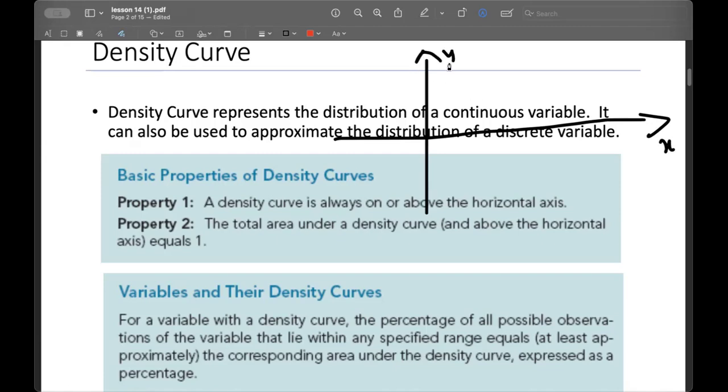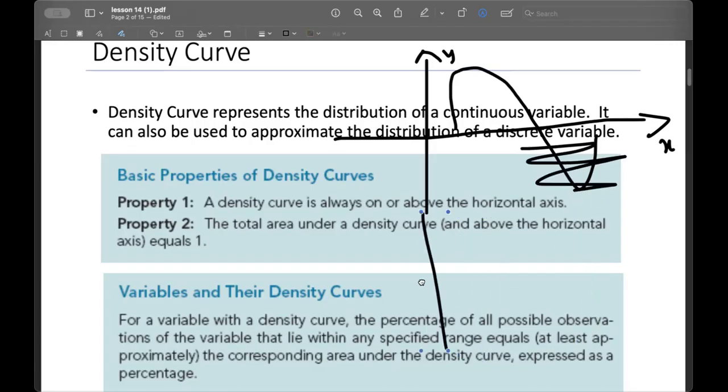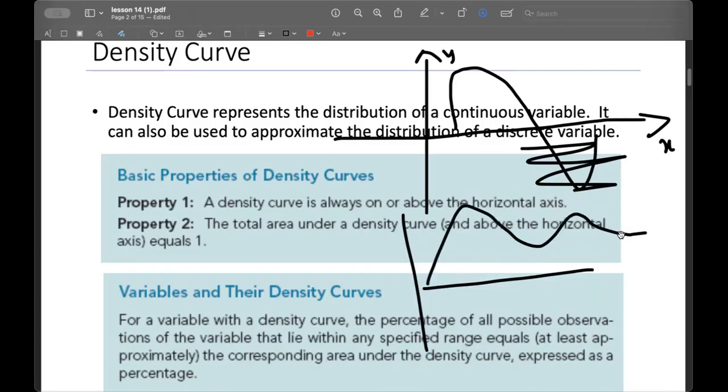We can't have the curve like this. It can only be a positive one, something like this, but it's always on or above the horizontal axis.